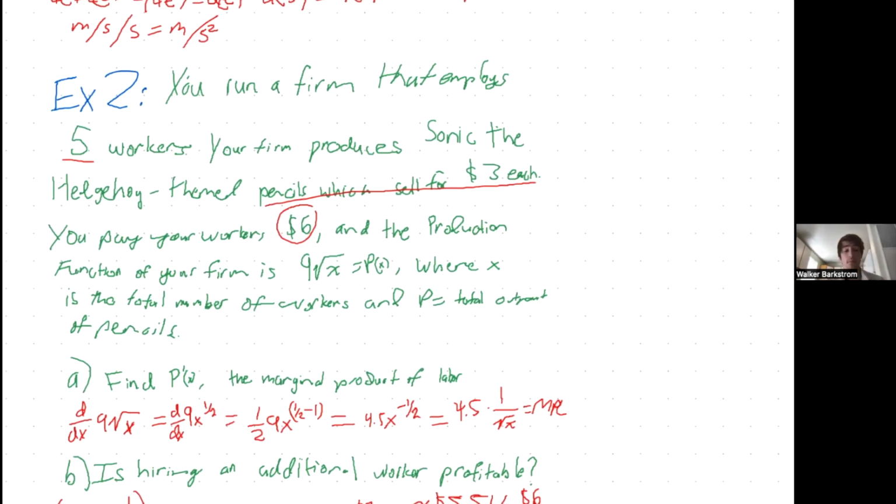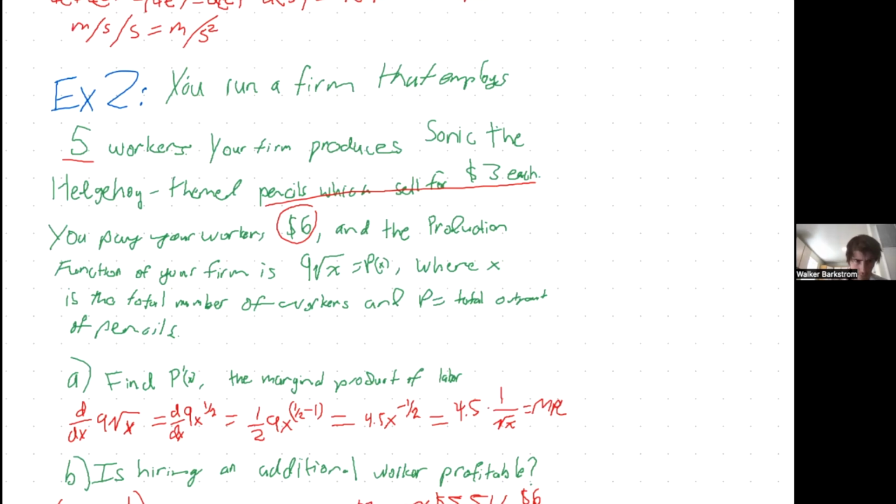So the marginal product of labor, or the derivative of that, would basically be telling us, as our number of workers changes, which is the input of the production function in this case, how does our output change? In other words, if an additional worker is added, how much output will they add?